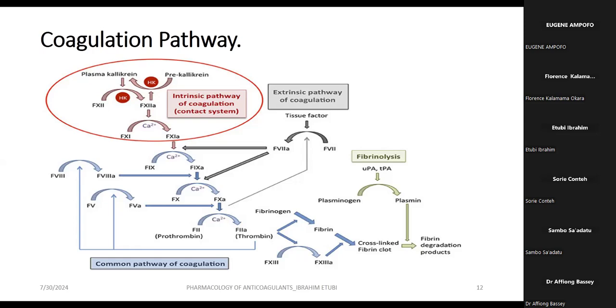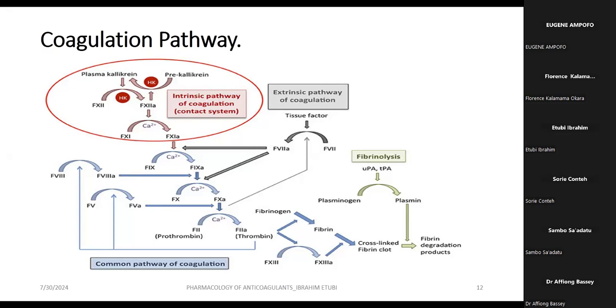Factor 10 activated will act on factor 2, which is prothrombin, and that will now cause formation of thrombin, and thrombin will cause the breakdown of fibrinogen to fibrin, and also cause a conversion of stable factor 13 to activated factor 13. Factor 13 activated will work on the fibrin and cause a cross-linking or a mesh. The whole aim of this is to stop the hemorrhage or bleeding.